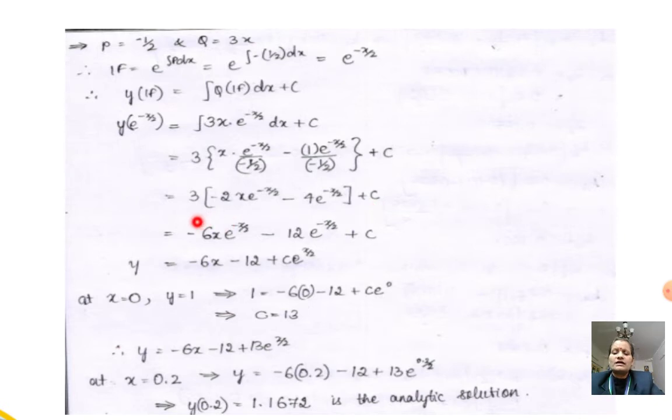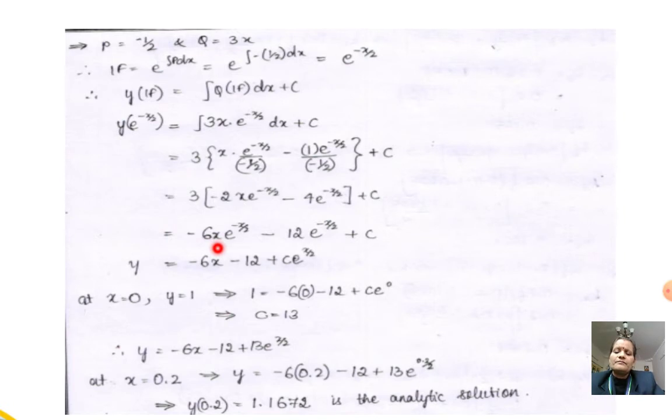Now let us remove the bracket by multiplying with 3. We get minus 6x e power minus x by 2 minus 12 e power minus x by 2 plus the constant. This is our y e power minus x by 2. Now let us divide by e power minus x by 2 throughout.